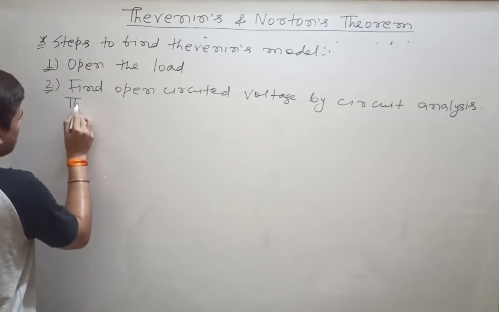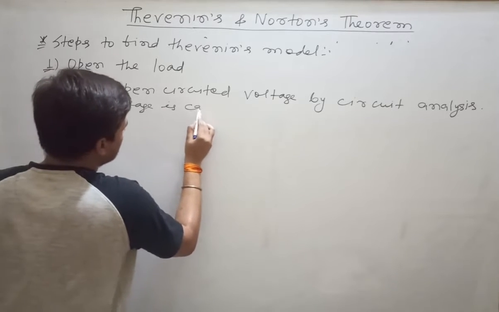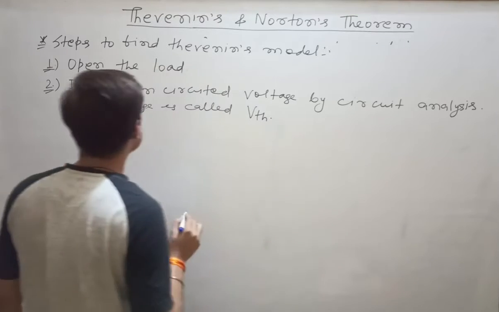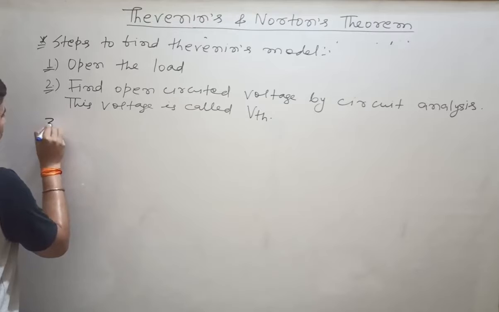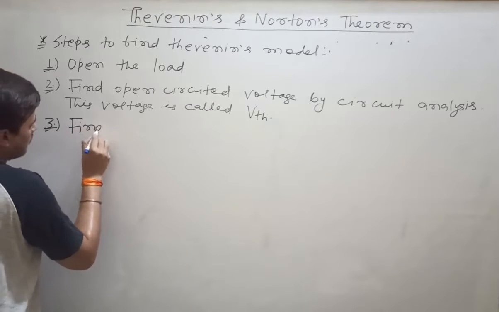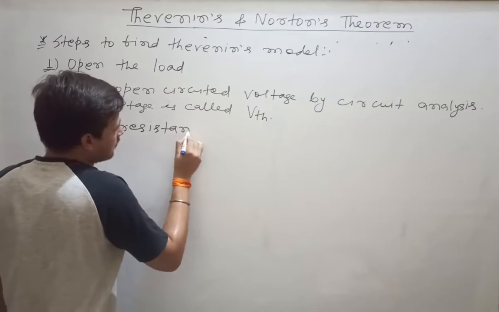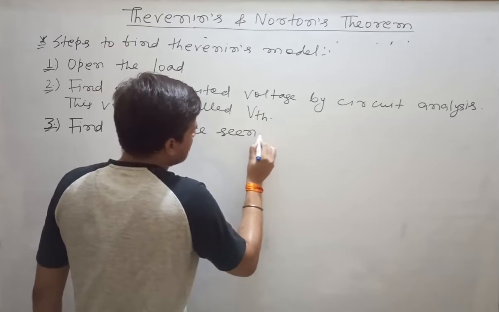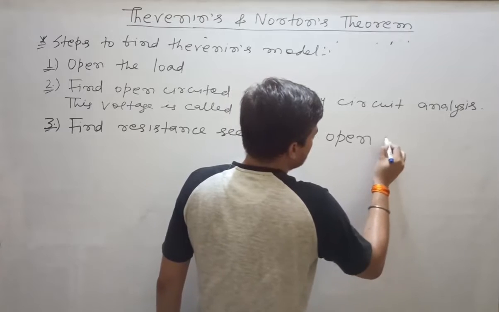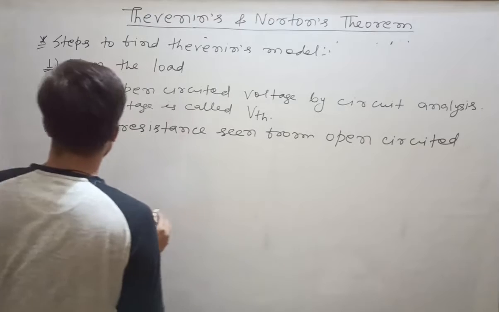This voltage is called VTH or Thevenin's voltage. Third step, find the resistance seen from the open circuited load terminal.